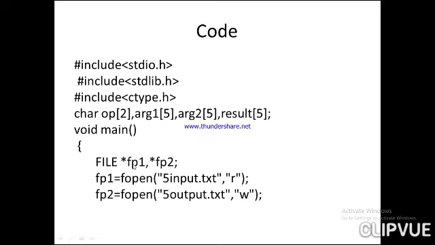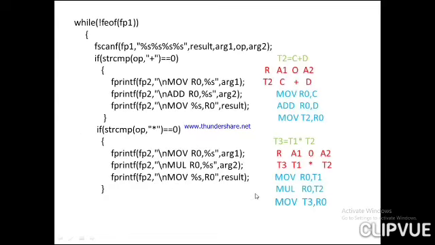As I told you, you have an input file and an output file. fp1 is a pointer that will point to the input file, and fp2 is a pointer that will point to the output file. I am opening the input file in read mode and the output file in write mode, because from the input file we are only reading, and to the output file we are writing.